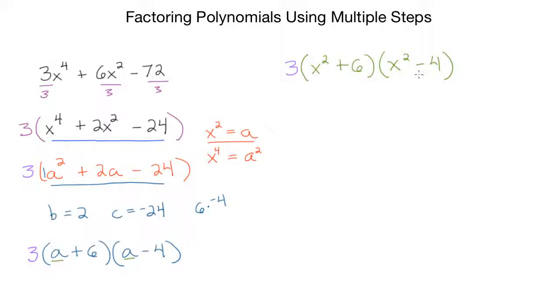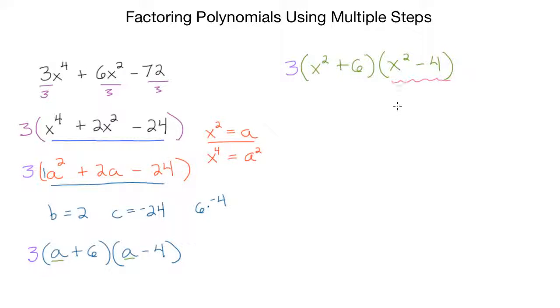We've done a lot of work, right? We had to do some substitution, we had to do some factoring, we had to do some different stages of factoring. We're actually not quite done. If I'm looking at this now, I can factor this over here. I have a difference of two squares. x squared and 4 is just 2 squared.